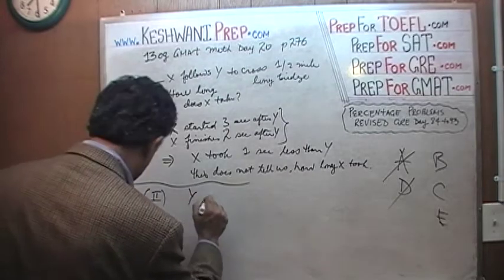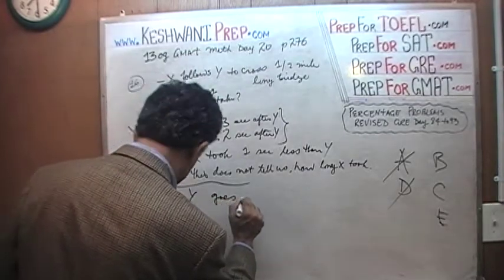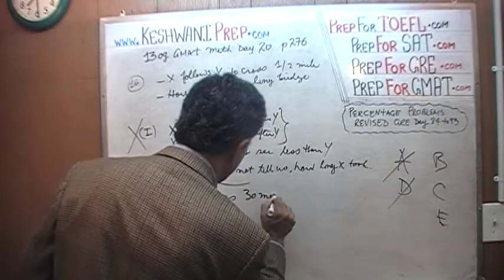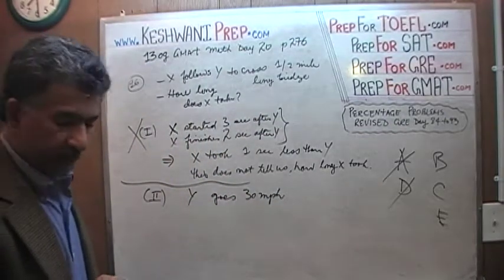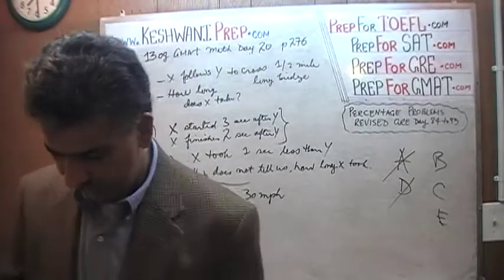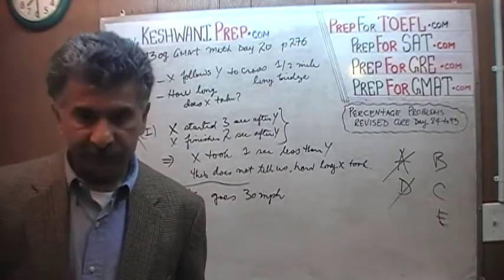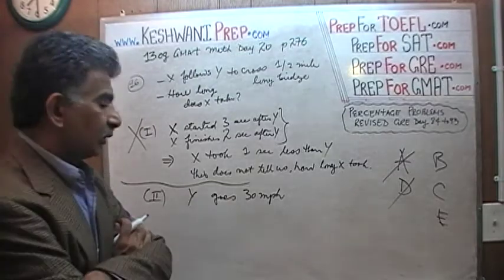We are told that Y goes 30 miles per hour. Now, knowing the speed of Y, that only tells us how long Y is going to take to cross the bridge.